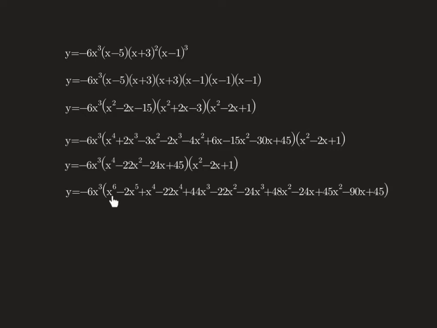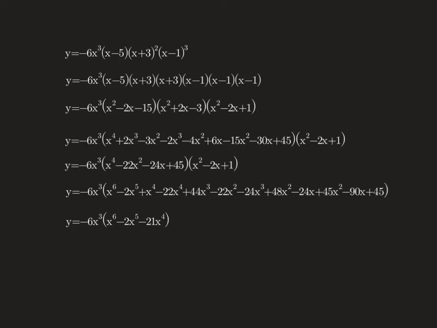Alright, let's clean this up. We have an x to the 6. We have, let's see, the x to the 5. So we got negative 2x to the 5. That's it. Okay. X to the 4. So we got 1 minus 22. So that's negative 21 so far. That's it. Minus 21. X to the 3. So we got 44 of them. Minus 24 x cubes.